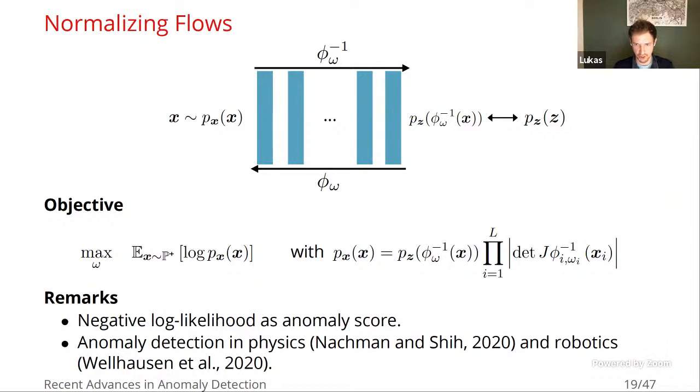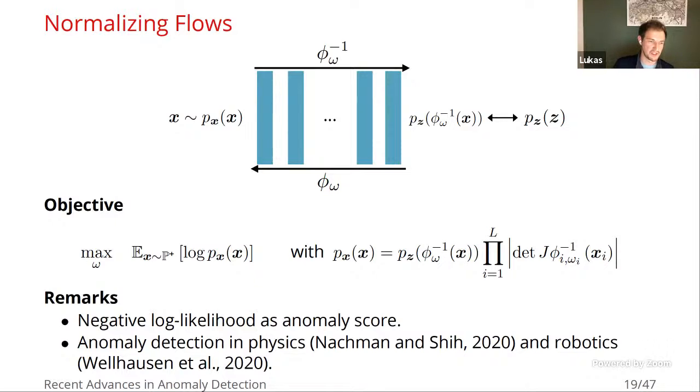And in order for the Jacobian there, in the change of variables formula to be tractable, they usually use specific forms. So for instance, triangular forms in these transformations. And an advantage of these models is that the likelihood can be computed exactly.